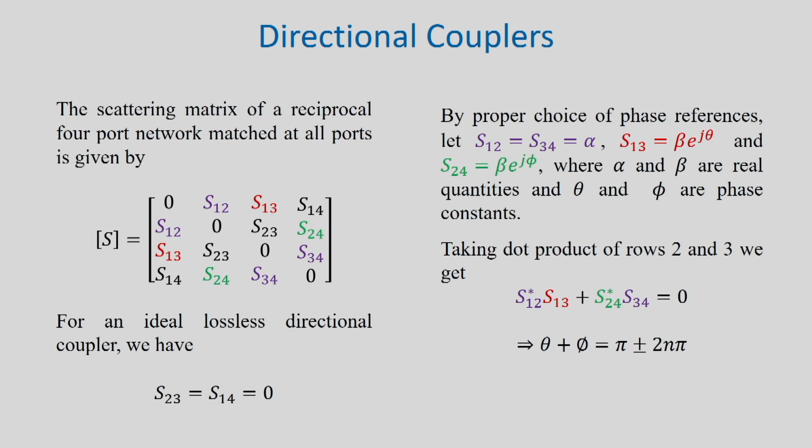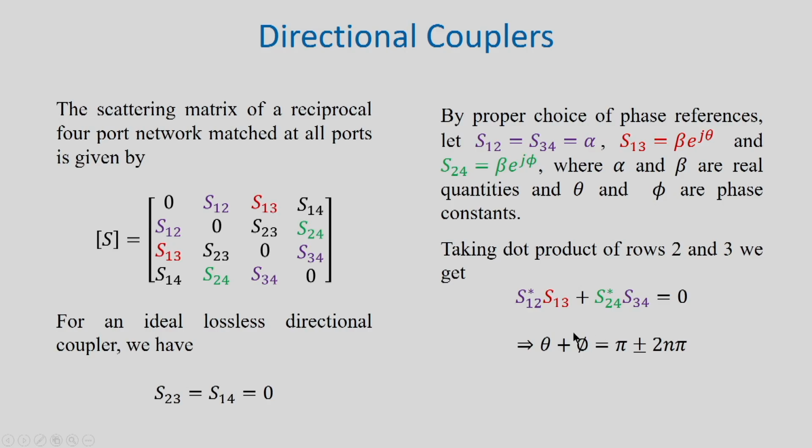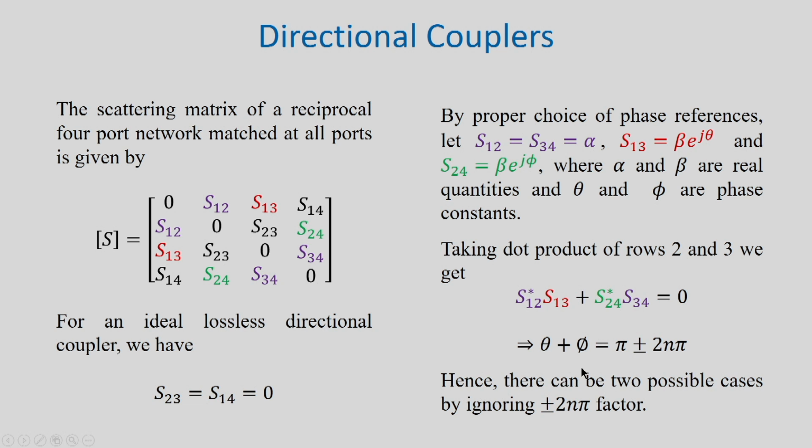So, this minus can be written as e to the power j pi, and therefore, we will get theta equal to pi minus phi, and therefore, theta plus phi will be equal to pi, and in fact, this relationship will be true for theta plus phi equal to pi plus minus 2 n pi, and we ignore this factor plus minus 2 n pi, we only consider theta plus phi equal to pi.